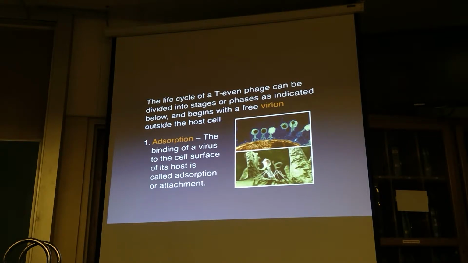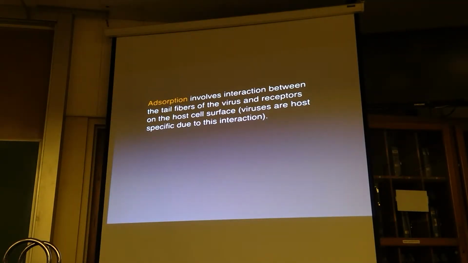But in the case of a phage like this, it involves a very specific interaction between components of the virus and the host cell surface. So this particular virus, again a T-even phage, has receptor sites at the ends of its tail fibers. And those receptors have to make contact with the host cell surface. This one has 6 receptor sites. They all have to be attached to a specific receptor on the host cell surface.